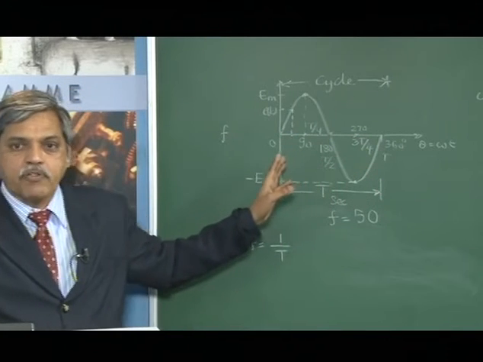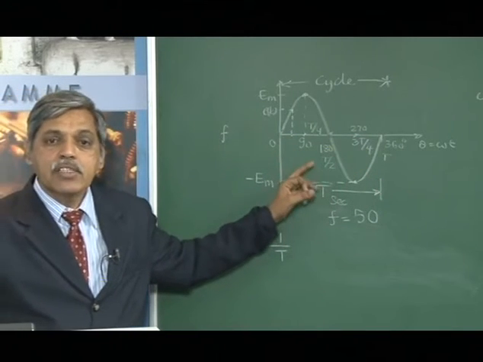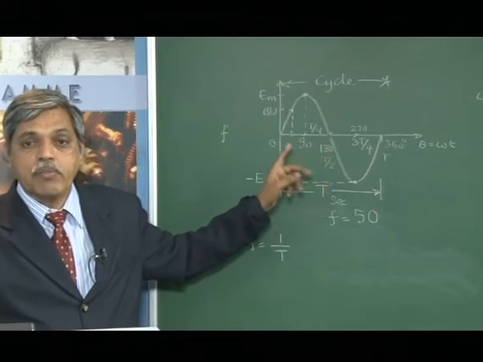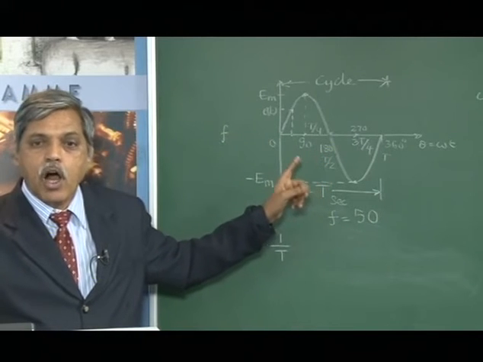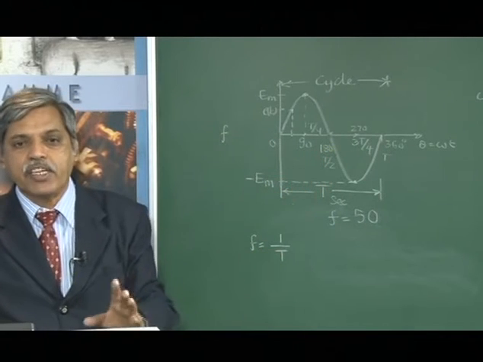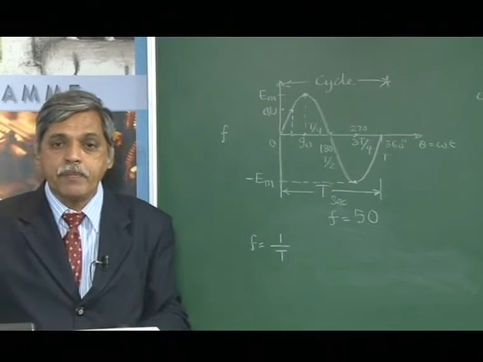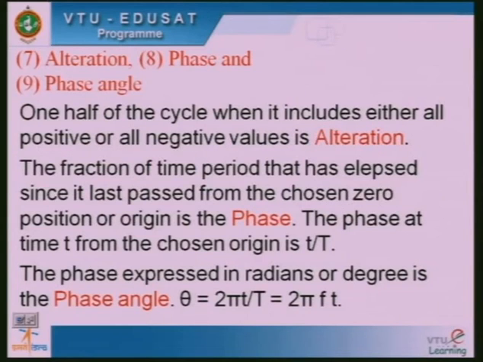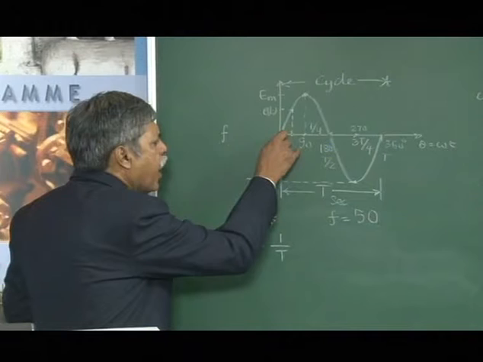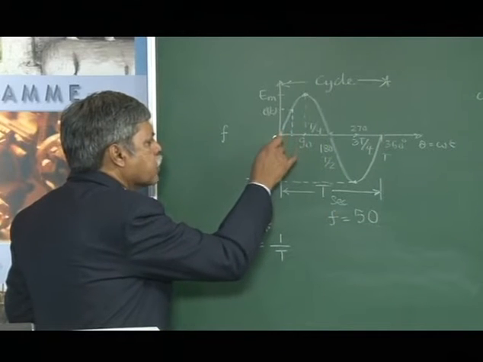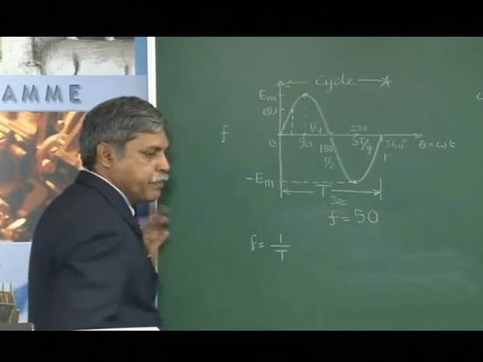The fraction of the time period that has elapsed since the quantity last passed through the chosen zero position or origin is the phase. That is the next term I define, phase. See, for example, here I have 0 degrees, this is my reference point.